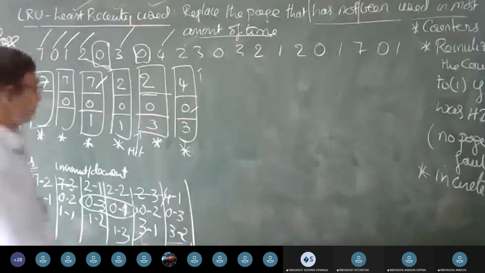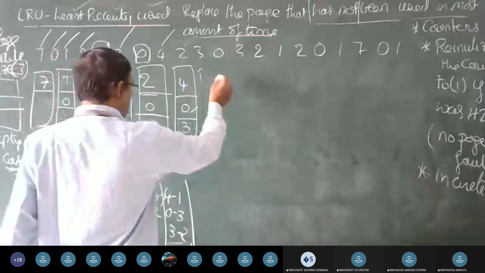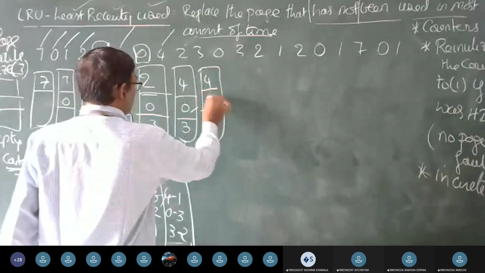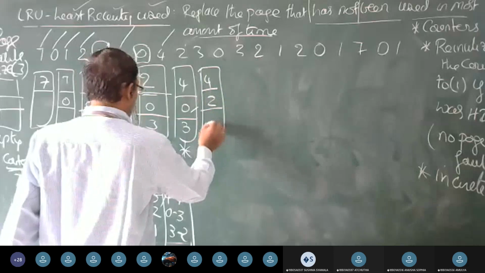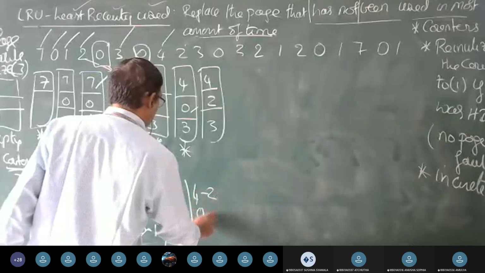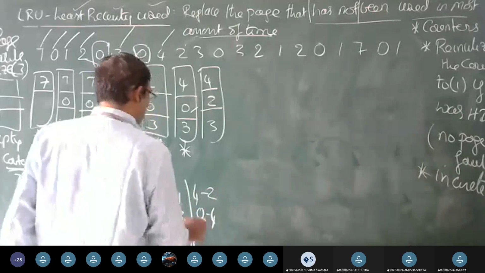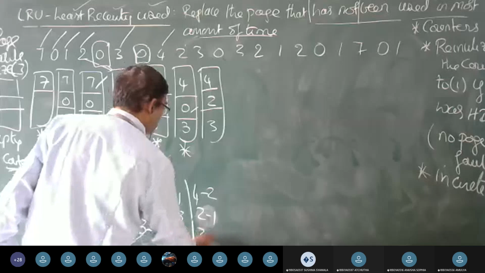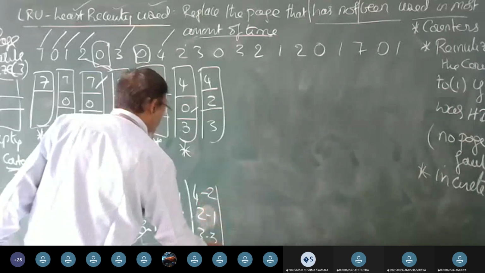So we will be getting this value. One second. So 0 is replaced with 2 and 3 here. So 4 occurrences was 2, 0 occurrences was 4, 2 occurrences was 1, 3 occurrences was 3 here.